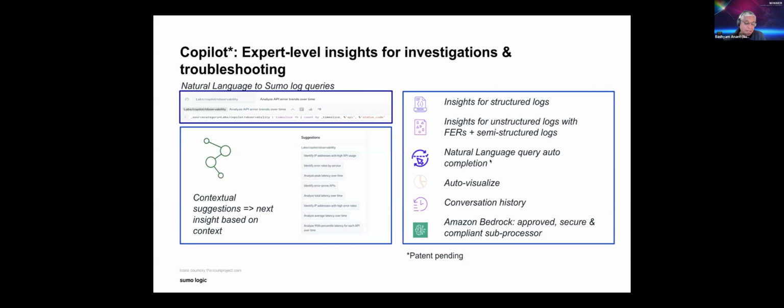Okay, so the main headline here is, when you think about AI, you want to be thinking about not just the artificial intelligence, which is helping you do these magical things like translating English to Sumo Logic query, but there is also a lot of classical machine learning embedded into the experience.